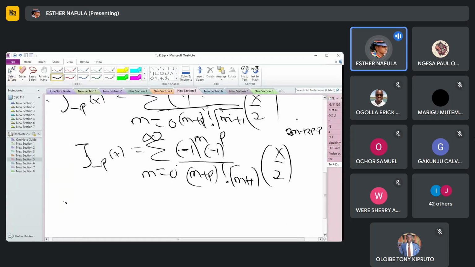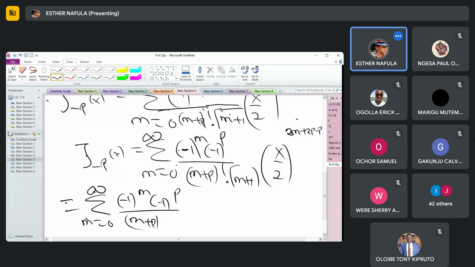This is equal to summation from m equals 0 to infinity, minus 1 to the m, minus 1 to the p, divided by m plus p factorial gamma of m plus 1, x over 2 raised to 2m plus 2p minus p. What is 2m plus 2p minus p? 2m plus p.